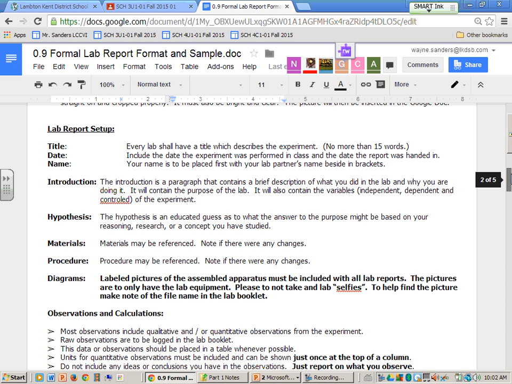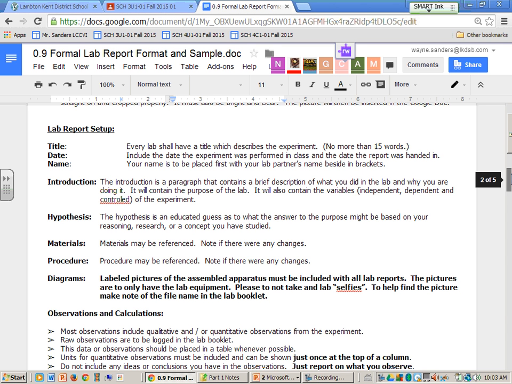So where the wire is, what we're manipulating, is the independent variable. Where the hottest part of the flame is, what we're looking for, is called the dependent variable. The third variable is called the controlled variable. And that is what we keep the same each time we do an experiment. What are we going to keep the same every time we move the wire? What's going to be left constant as we do this experiment?